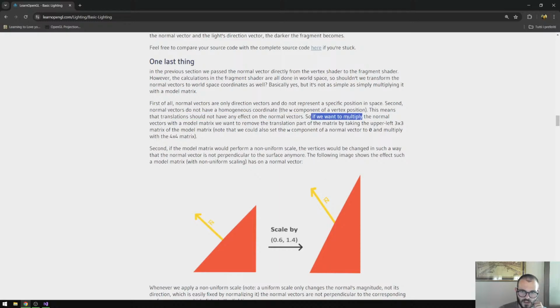So if we want to multiply the normal vectors with a model matrix, we want to remove the translation part of the matrix by taking the upper left. The problem is that normals are directions and should not be influenced by translations. Those are the two problems basically.